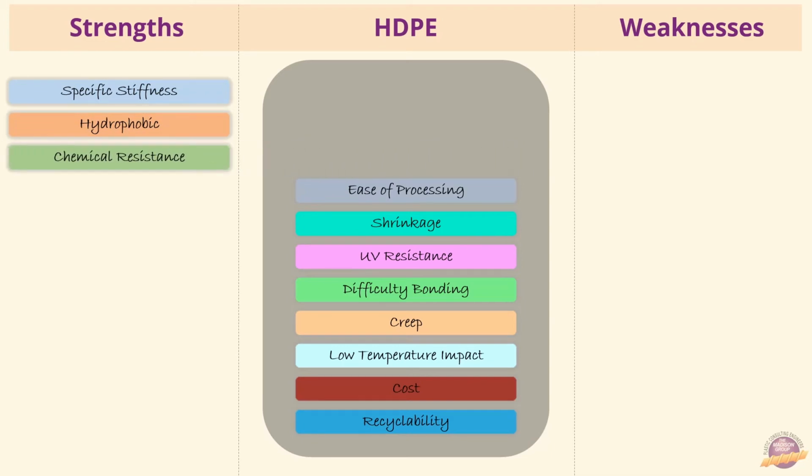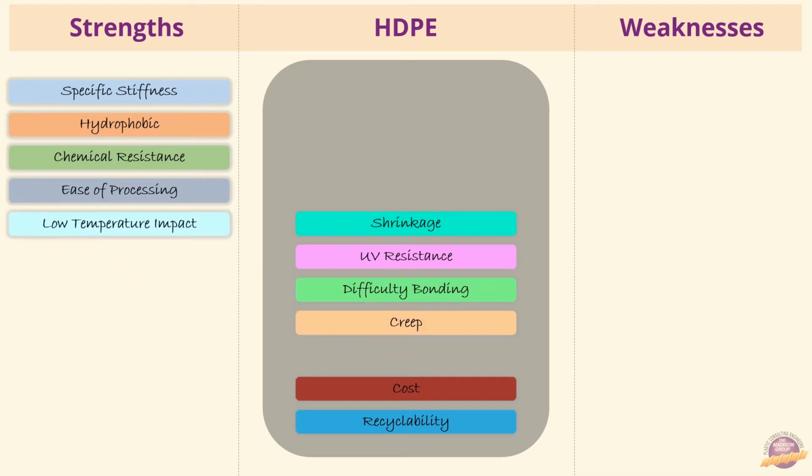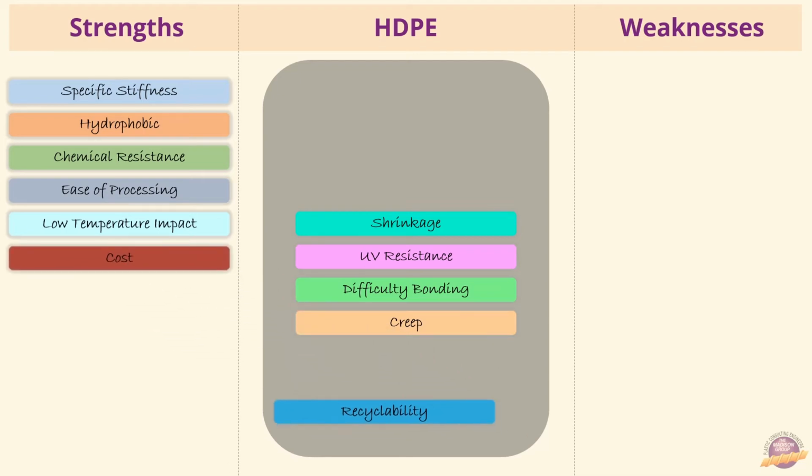Note that it can still be attacked by substances such as hydrocarbons and surfactants, for example. Its ease of processing with limited drying requirements and ability to fill thin-walled parts. Its good low temperature impact due to its very low glass transition temperature. And finally, it is a low-cost plastic material that can be recycled, which can further offset environmental and cost concerns.